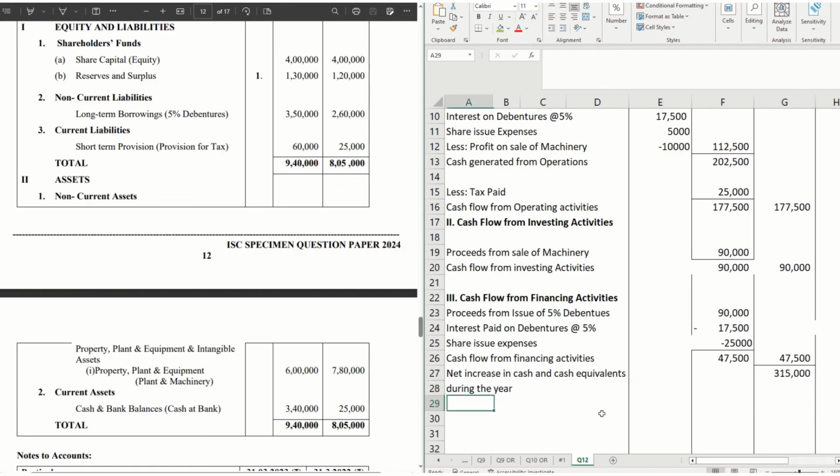Okay, to this we add the opening cash balance or the cash balance at the beginning of the year, which is given in the question as 25,000. If you add both of these, you get 3,40,000. This should tally with the closing cash balance given in the question, and it is matching. We have 3,40,000 here also. So this becomes cash and cash equivalents at the end of the year.